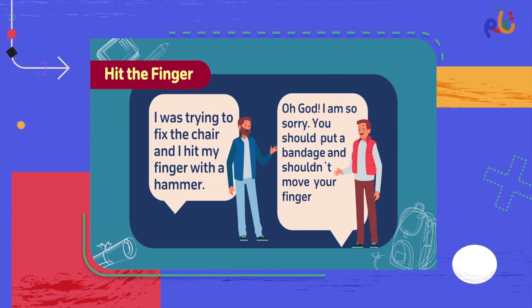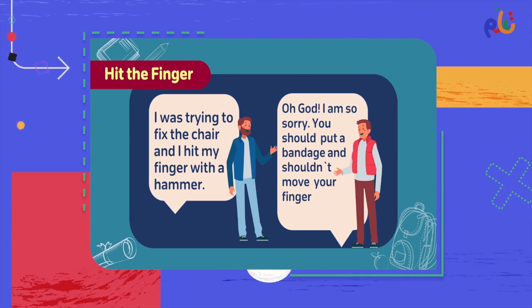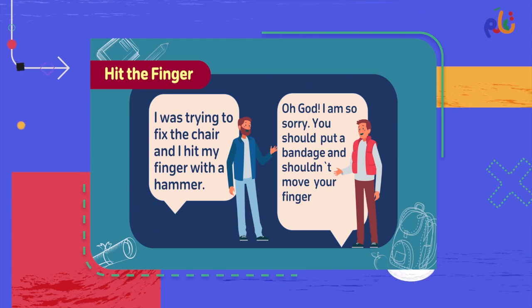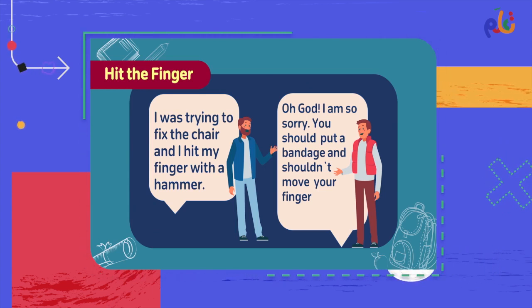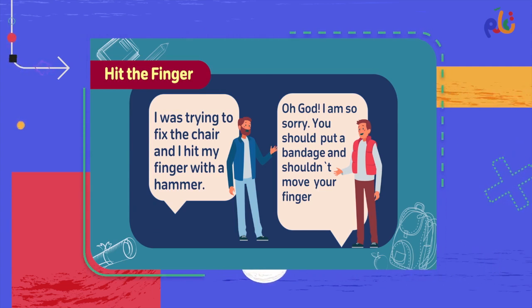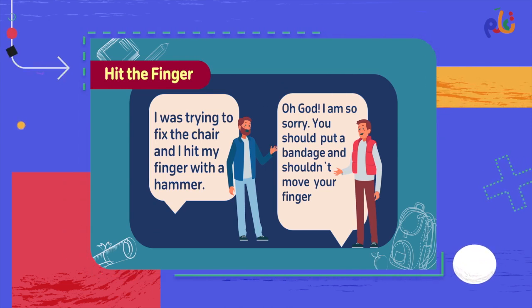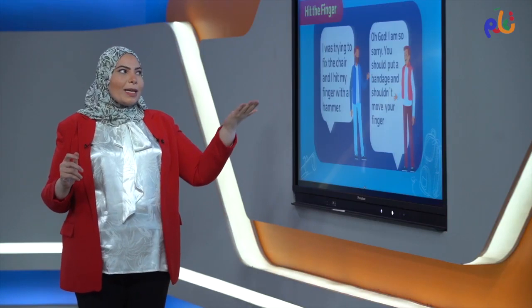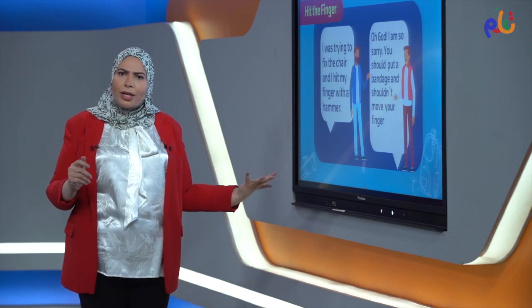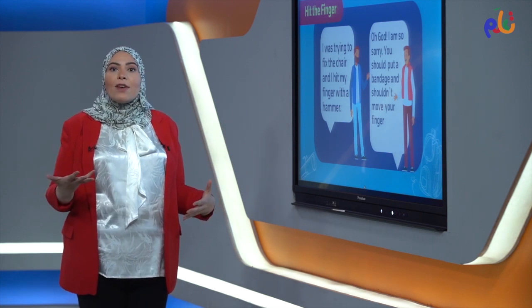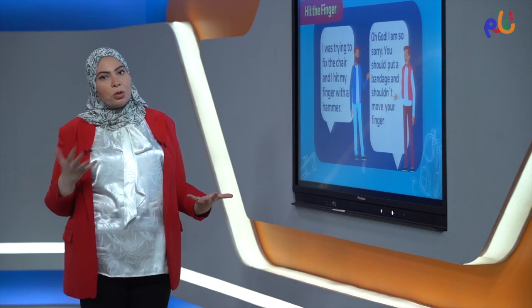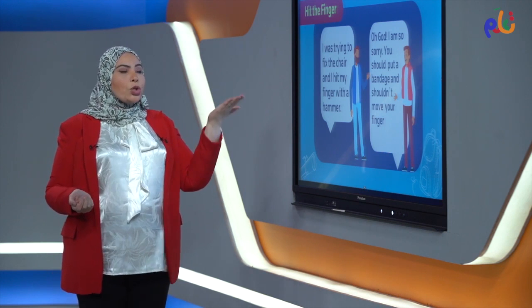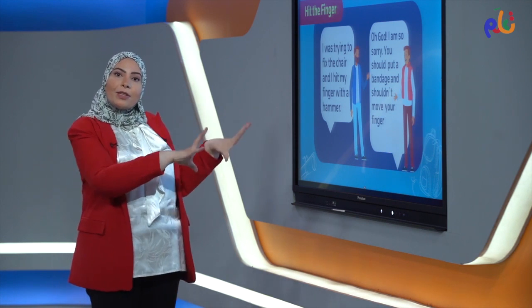So when we hear somebody talking about something bad or something unfortunate that happens to him, we normally sympathize and then give advice. So he sympathized by saying, oh God, I'm sorry. And then he gave advice by saying you should or you shouldn't. So you should put a bandage and you shouldn't move your finger. So this is the first situation. This is the first recommendation.